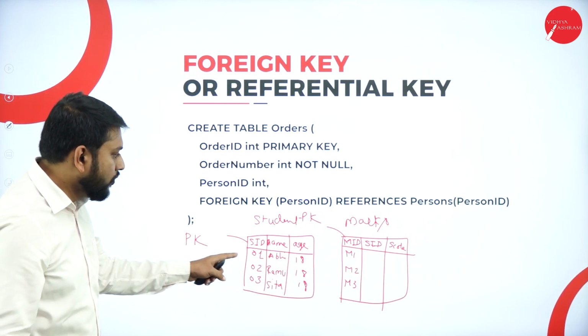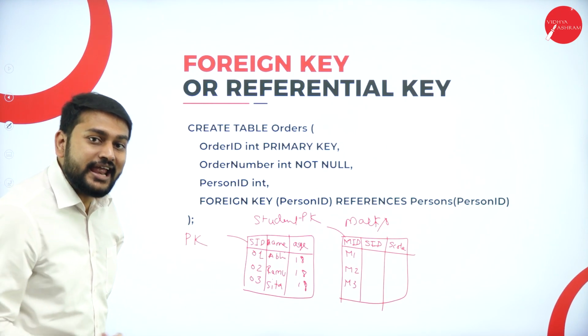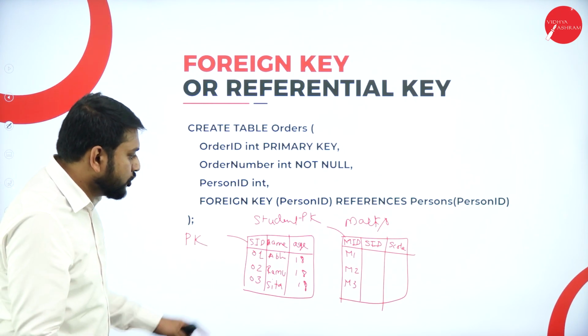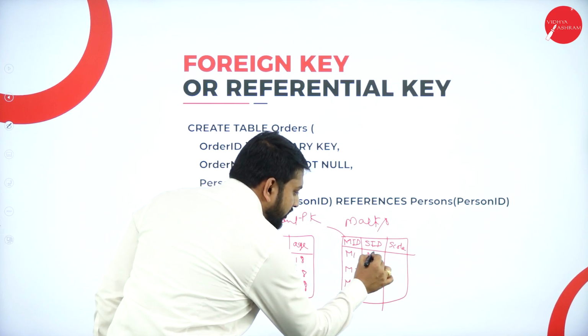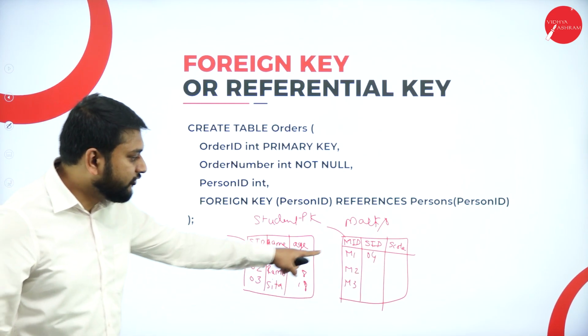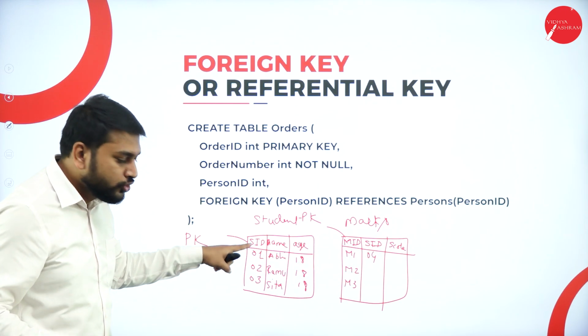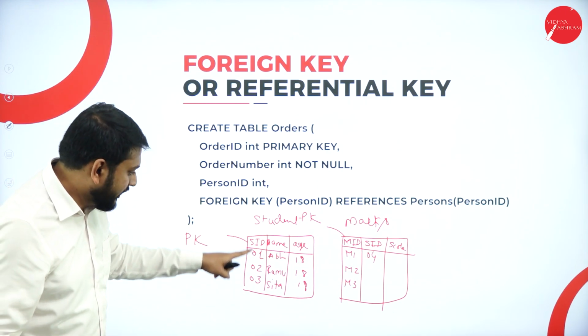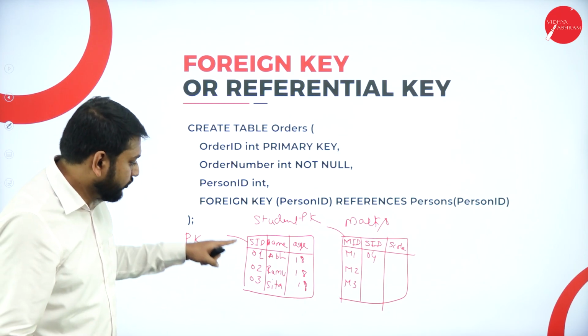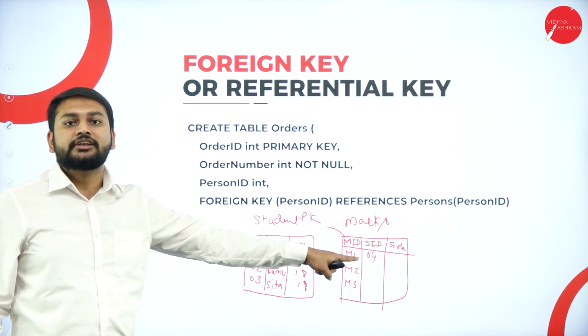Now I have to enter the SID. Observe carefully, I will just write 4. If I enter 4, it will show me an error. Why? Because there is no student called 4. Whatever I have entered here, for those students I have to enter it here.